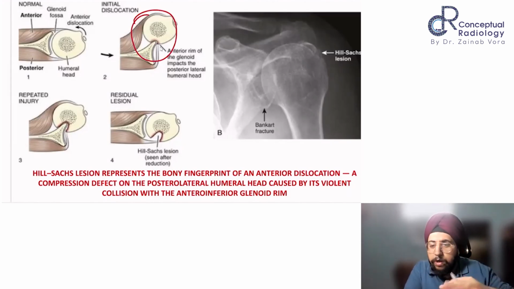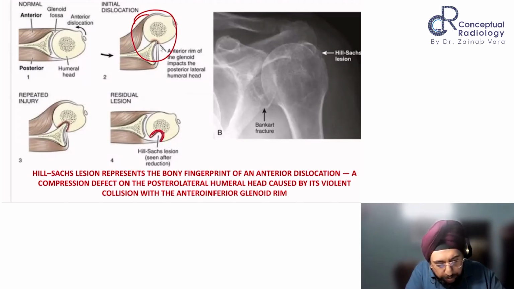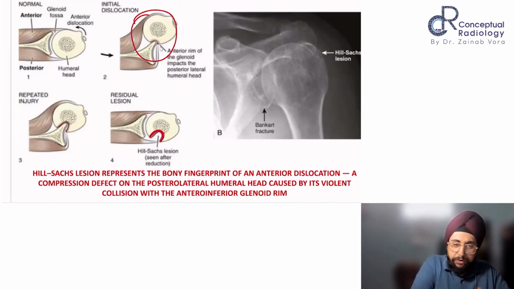Depending on the intensity of the trauma, different grades of impaction will be there. Because of this episode, an impaction fracture is now created on the posterolateral superior aspect of the humeral head. This is the origin of the Hill-Sachs lesion.